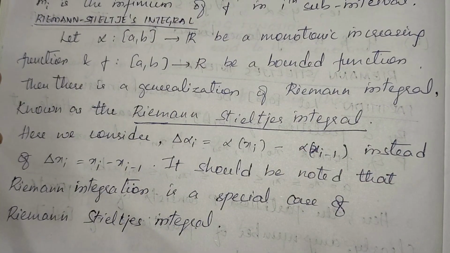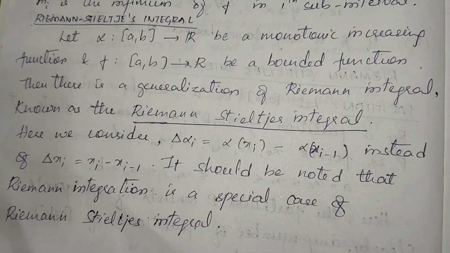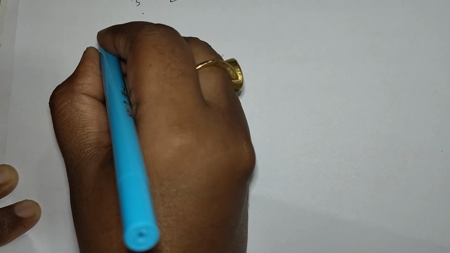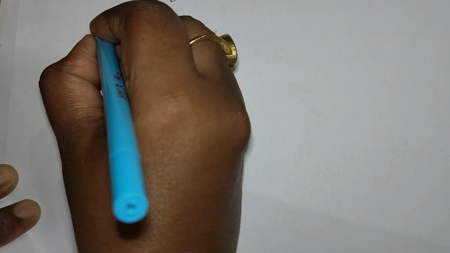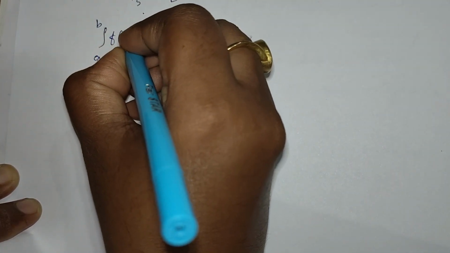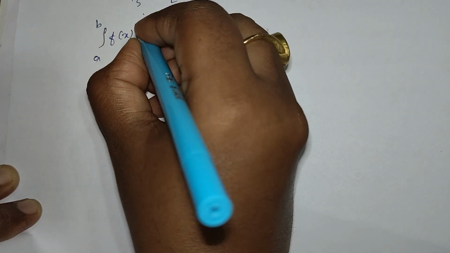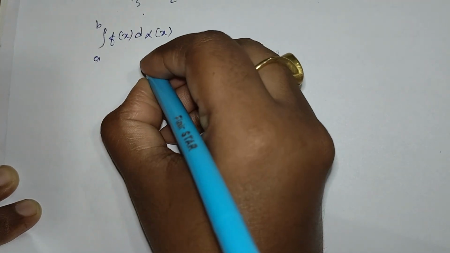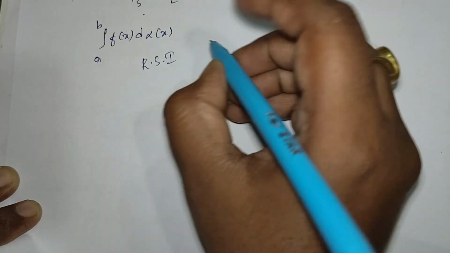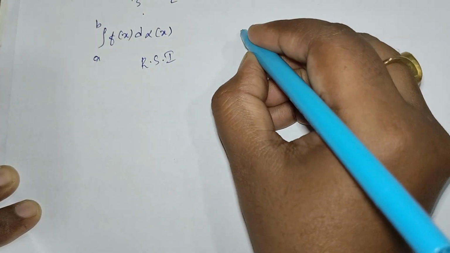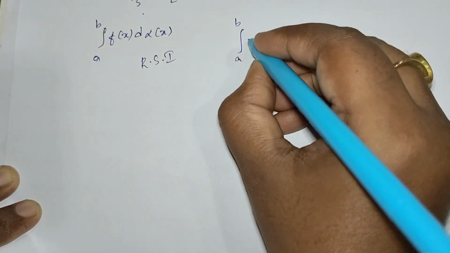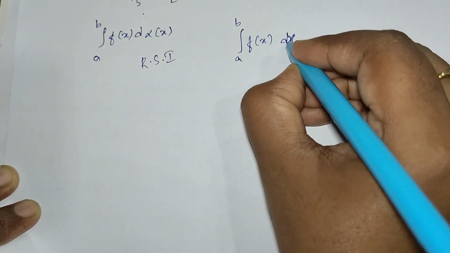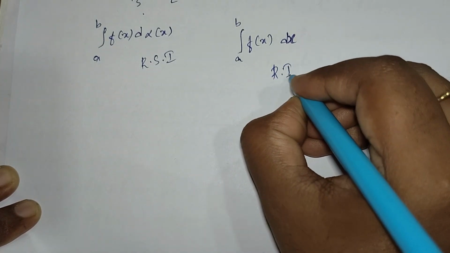Okay, see here, in the Riemann Stieltjes integral, the general form will be like this: integral a to b of f(x) d alpha of x. Okay, this is the Riemann Stieltjes integral. And here, integral a to b f(x) dx is the Riemann integral.